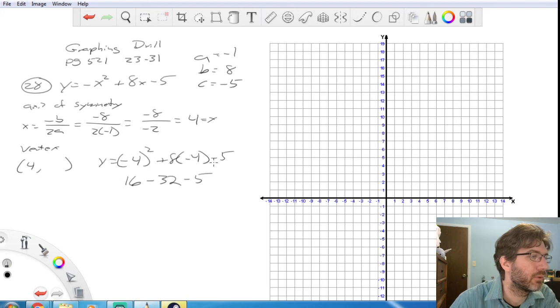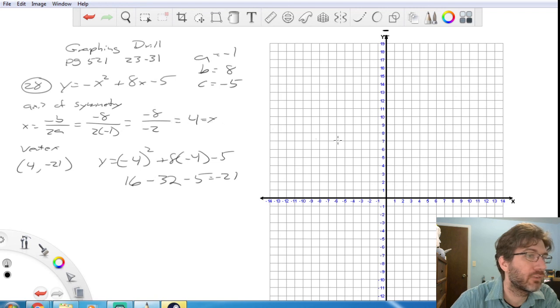So we're getting pretty high up in there. What is that? 16 minus 32 is just negative 16 minus 5 is negative 21. So that equals negative 21. I don't have enough room for that, do I? That's okay. Our thing is going down, so let's say here's 20, here's 21. You're up that high.